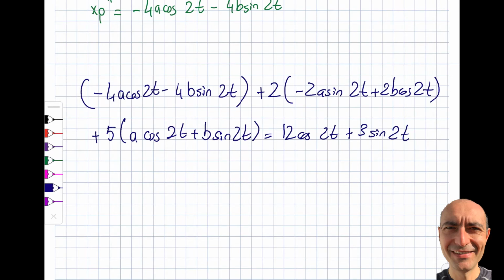Obviously, you kind of know what I will do because we have experienced this. I'll collect the cosine of 2t and sine of 2t terms for the left-hand side, and I'll equate the cosine 2t coefficient to 12 and the sine 2t coefficient to 3, right? That's what I'm going to do. But let's take a look at it. So for cosine of 2t, that's going to be minus 4a, I can see from the very first term.